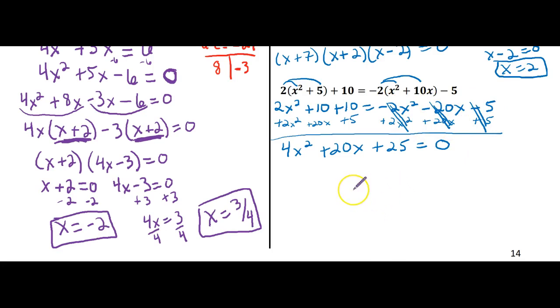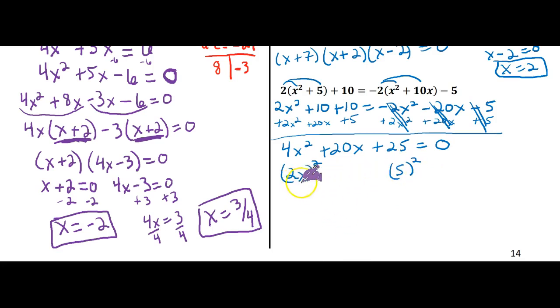Alright, I look at this and I see, these are going to be some big numbers if I try to multiply it out and find factors. But I do notice a little shortcut here. This is a perfect square, and this is a perfect square, right? This is 2x being squared. 2x times 2x will give me 4x squared. This is 5 squared.